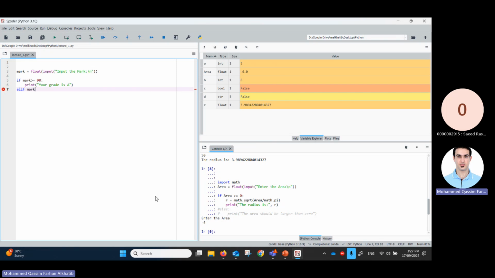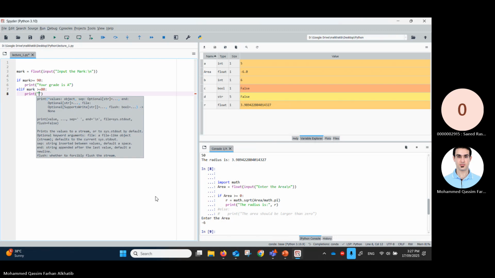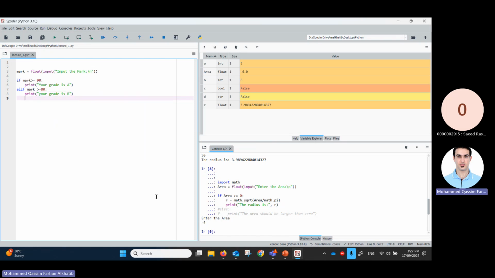Elif mark is larger than or equal 80. Okay, print your grade is B. Again, another elif. Mark is larger than or equal 70.